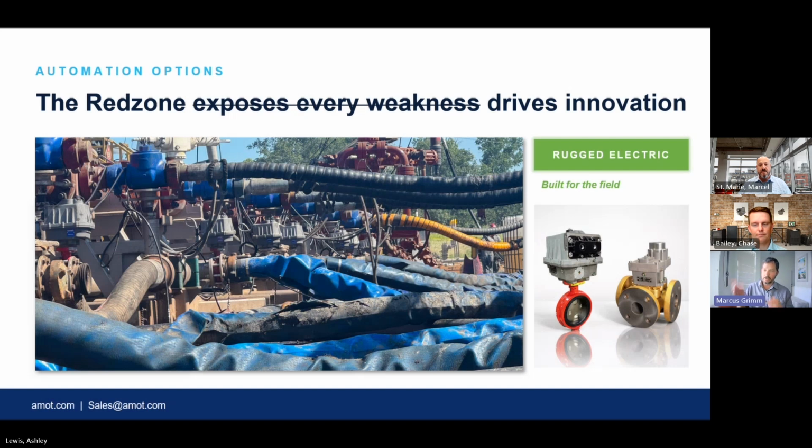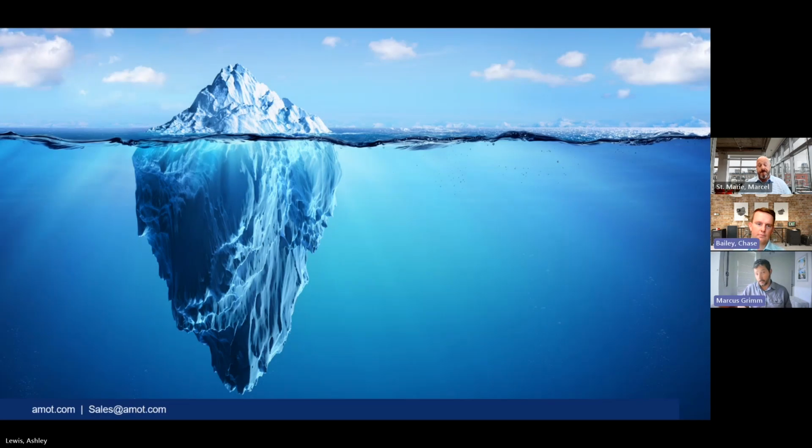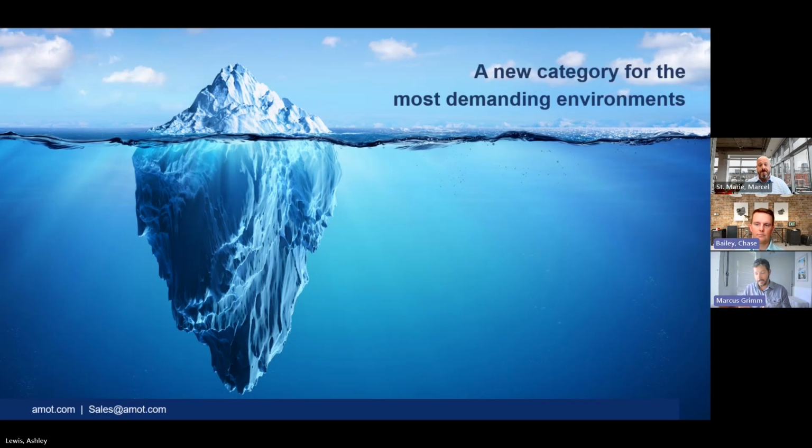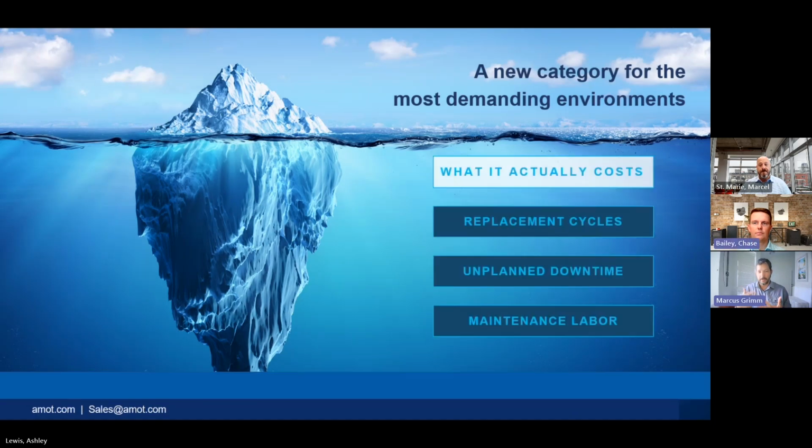So let's talk about what happens when you're in a totally different category, right? When we look at this, it looks like an electric actuator. So it would make sense that I would compare it to an electric actuator, but then it's got much higher performance specs. So I'm going to assume that it comes at a price premium, but that's if I'm comparing it to other electric actuators. And you've helped me understand, Chase, that that's not really a fair comparison.